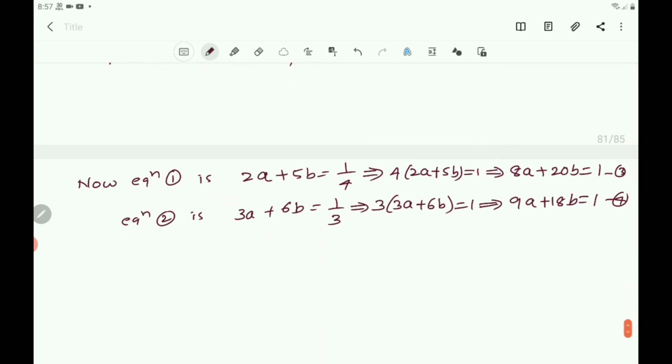In this case, try to have the same coefficient for any one of the variables to eliminate it. Here you take 8a and 9a. The LCM of 8a and 9a is 72a.